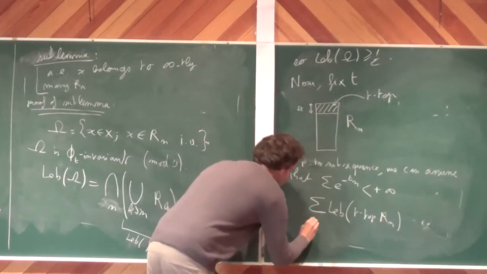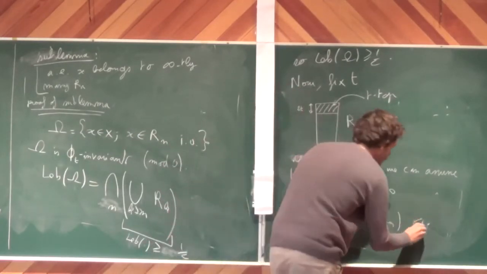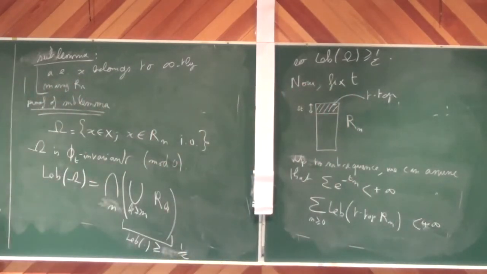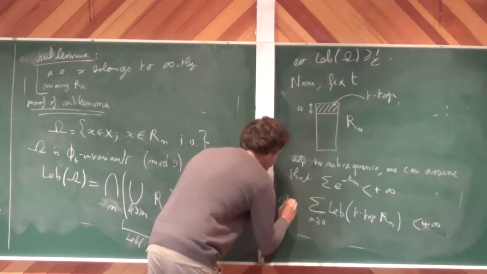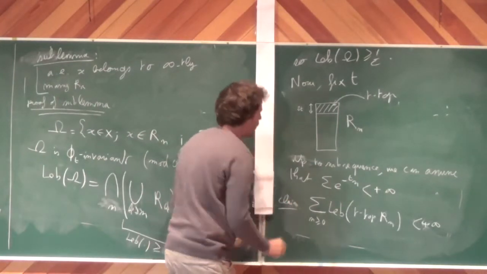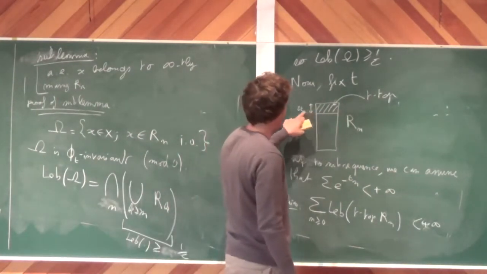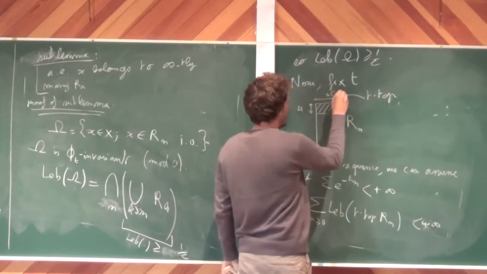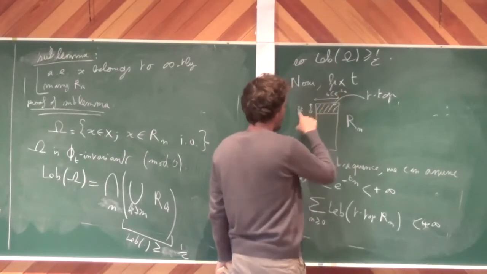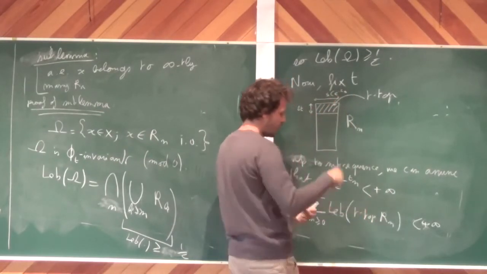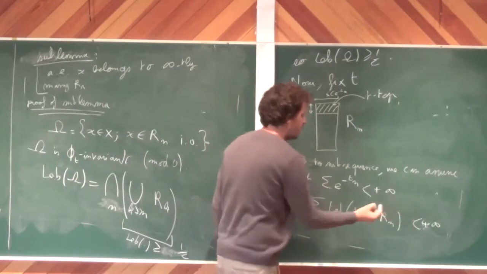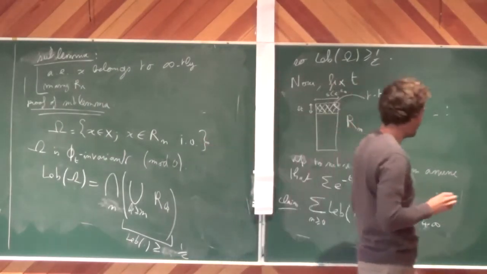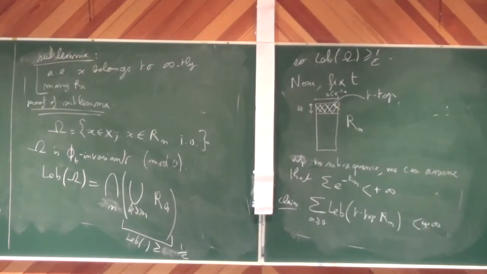This is finite. This is the claim, and you just have to compute the size of that set. It has height 2t, and recall that this is smaller than c times exponential minus tn. So this is 2t c times an exponential series which converges, so this is finite. Now Borel-Cantelli, the easy one.